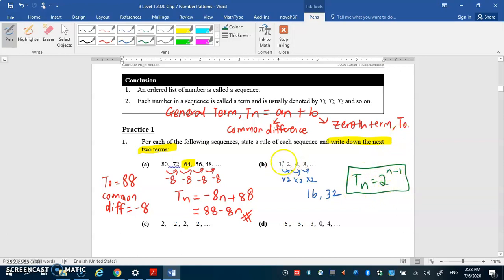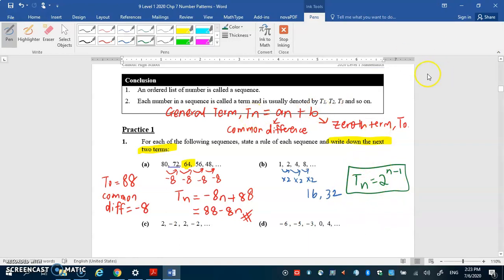So the first term is 1. When n is 2, the second term, T2 equals 2 power 2 minus 1. So that's 2 power 1, which is 2. And then when n is 3, you get 2 power 3 minus 1, which is 2 square, 4, and so on and so forth. So if you want to find the general term, it is still possible. It is just that you can't use the formula that we just learned.